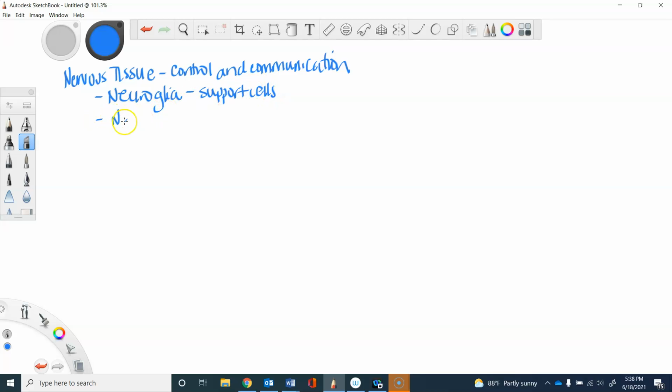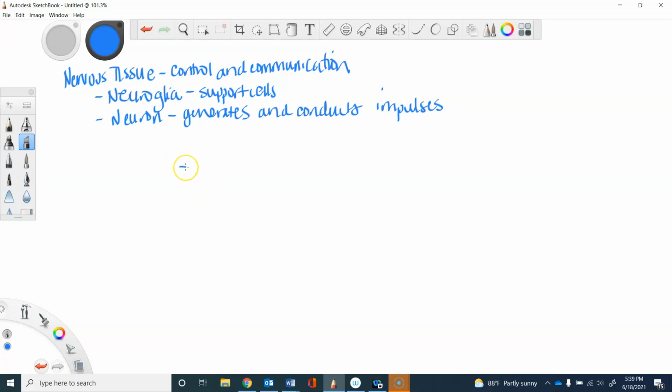The neuron is the worker of the nervous system. It is the cell that generates and conducts impulses. So a neuron, it's a cell, but it's a weird looking cell.